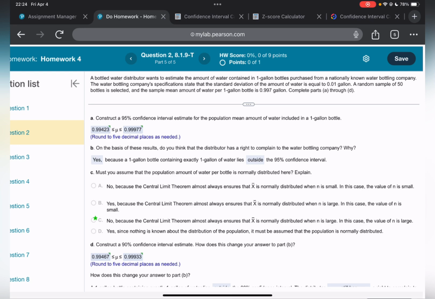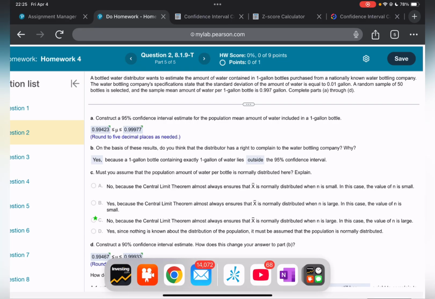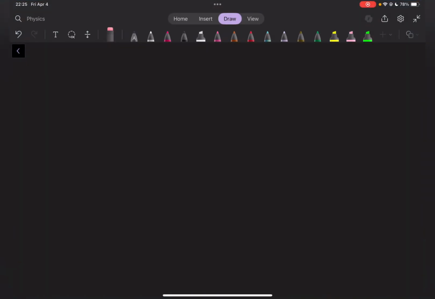A random sample of 50 bottles is selected, and the sample mean amount of water per 1 gallon bottle is 0.997. Okay, so before we start working on this problem, I'm going to write down the data. So what do we have? We have standard deviation, which is sigma.